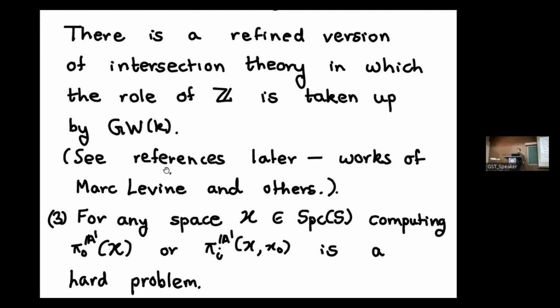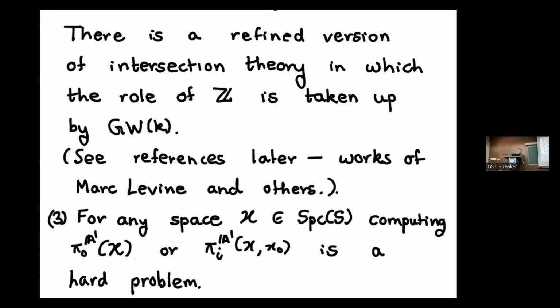If you just search Mark Levine's works and look up refined enumerative geometry, you would find the appropriate paper. Anyway, I'm not talking much about that, but let's carry on. Just to comment that in general, for any space X, calculating pi 0 A1 of X or pi i A1 of X is a hard problem.